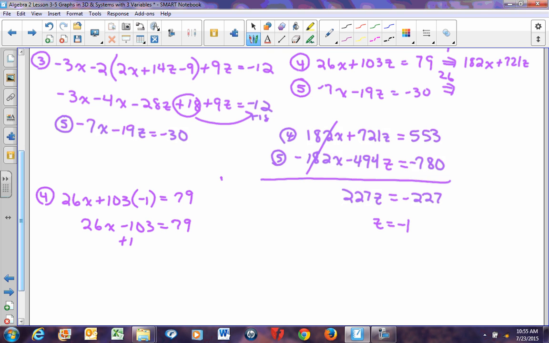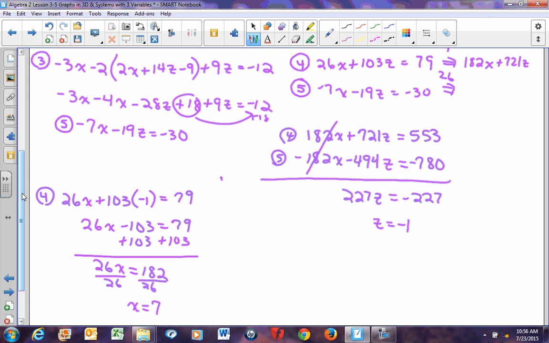So add 103. 26x is going to equal 182, so x equals 7.